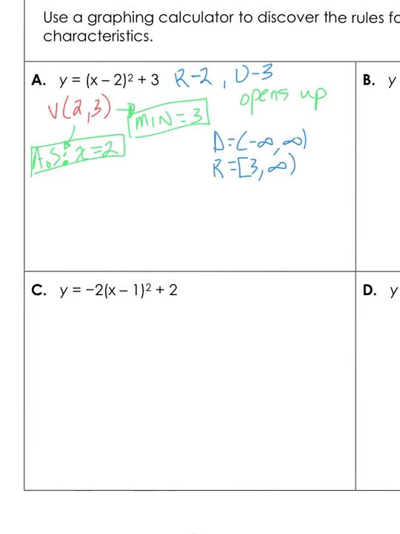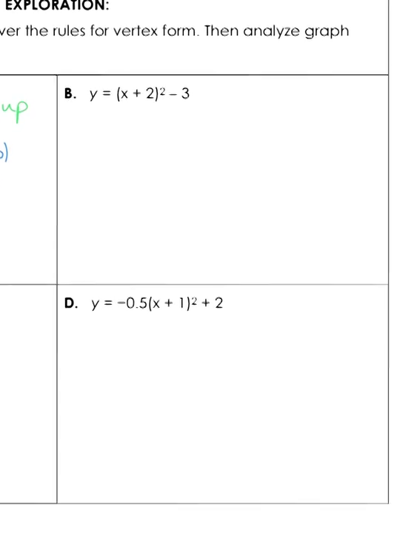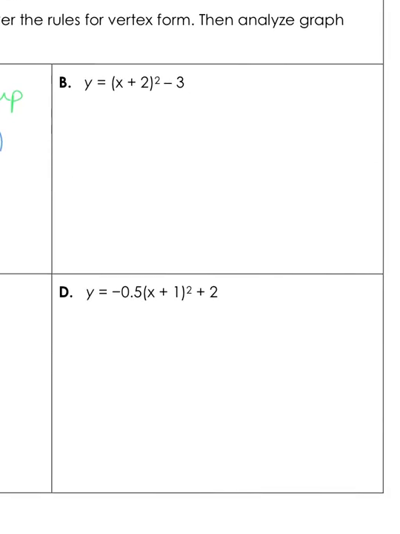Okay, so look at B. B does not have a stretch or a shrink, nor a reflection. So all it has is, because of this, a movement to the left of 2 and down 3. So let's write that. We've got left 2 and down 3.